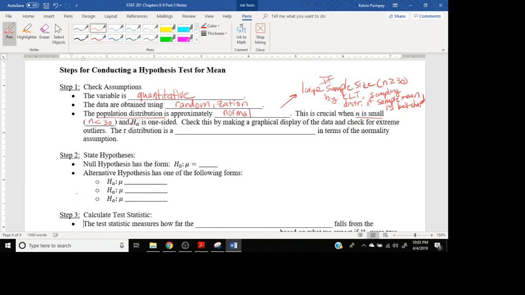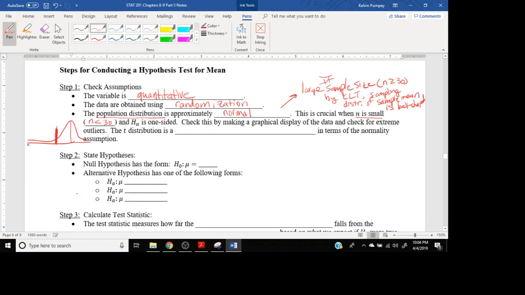One of the things you also want to check with your graphical display is extreme outliers. What outliers do is skew your data. Remember, when we have a skewed data set, something like this, our median will be over in this area, and our mean gets pulled in the direction of the tail of the distribution.